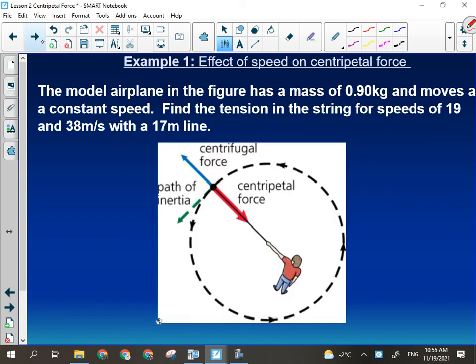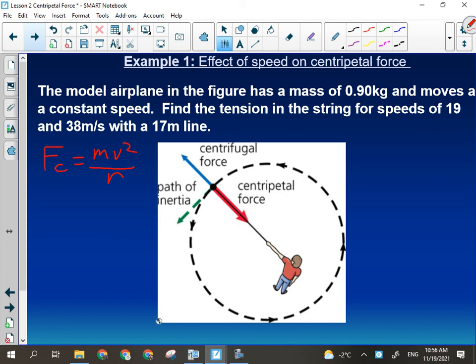All right, so in this case here, we've got a model airplane and we want to calculate the centripetal force for two different speeds, a speed of 38 and 19 meters per second. So just a minute ago we said centripetal force is mv squared divided by r. So what we want to look at here is what's the effect of speed on centripetal force?